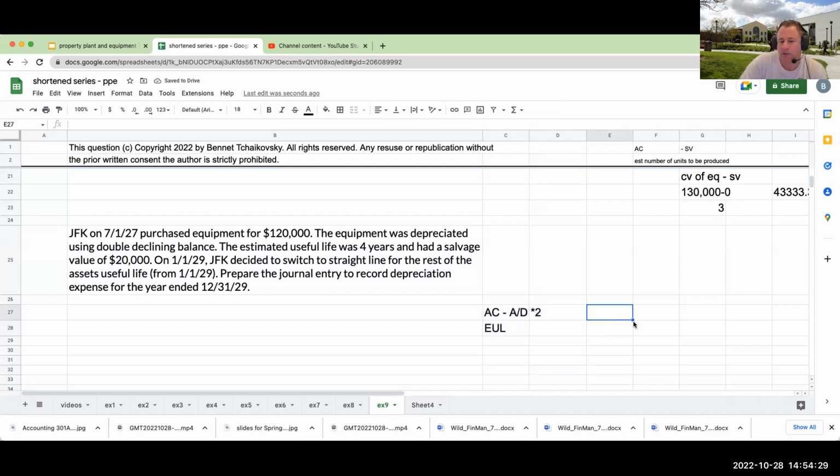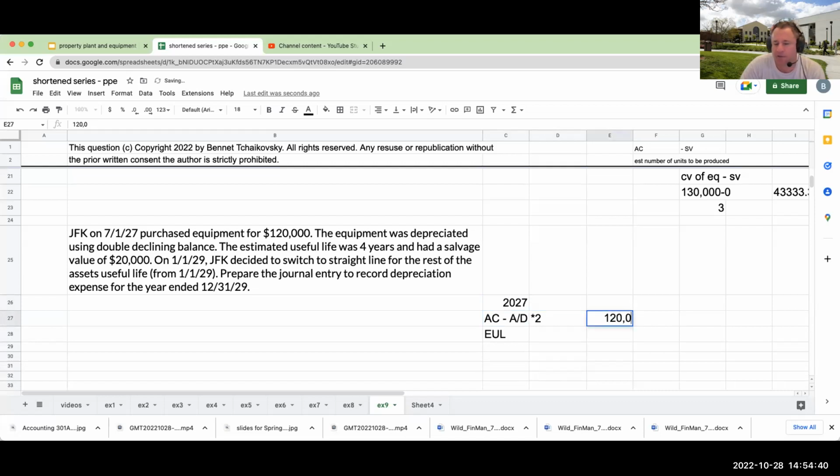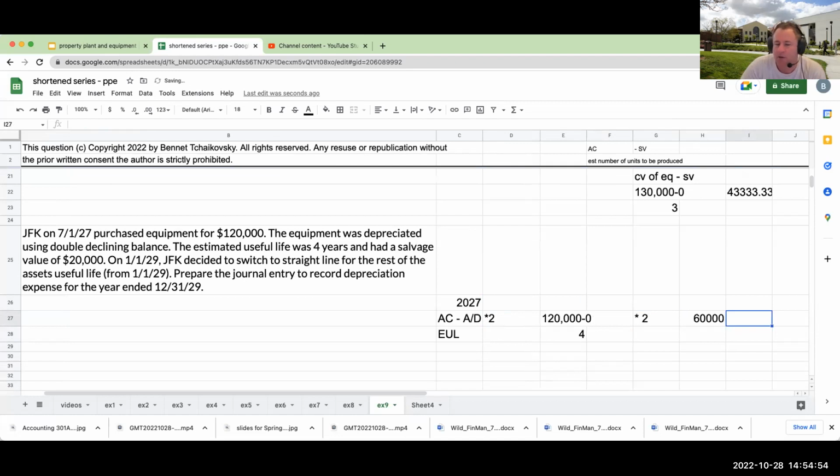So over here, we've got our 120,000 in 2027. We've got 120,000 minus 0 because this is the first year of doing it, divided by 4 times 2. This is going to give us 120,000 divided by 4 times 2, or 60,000.